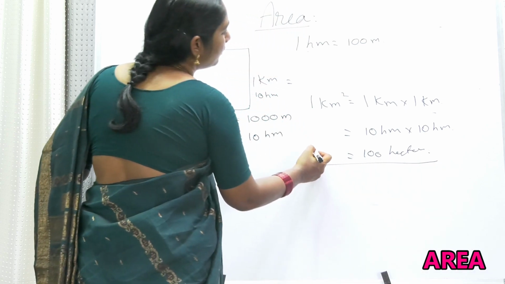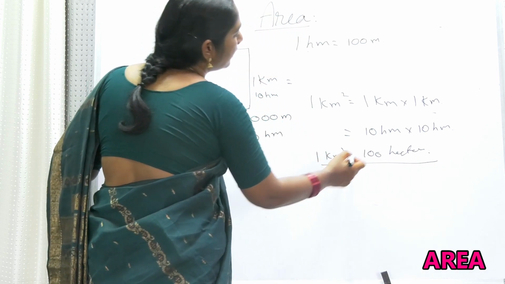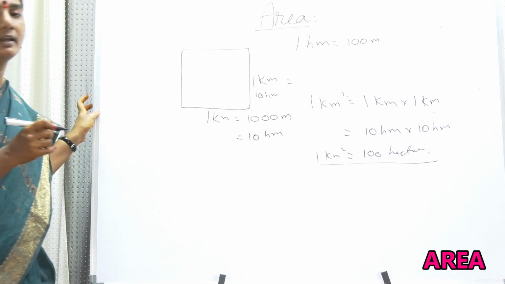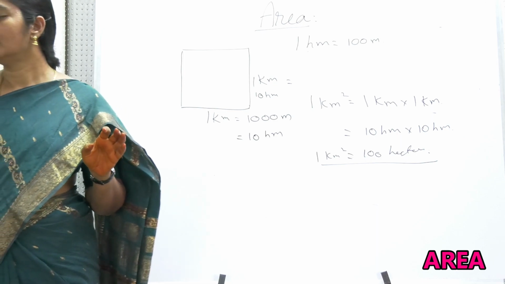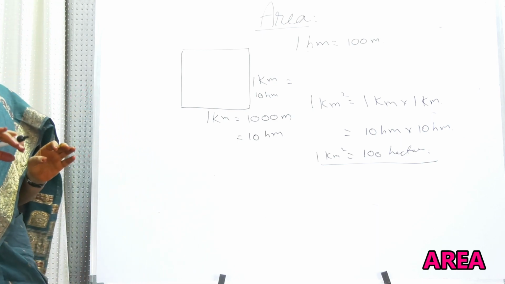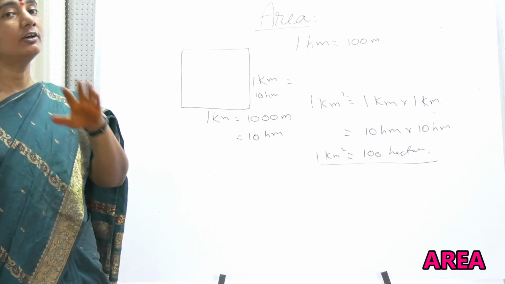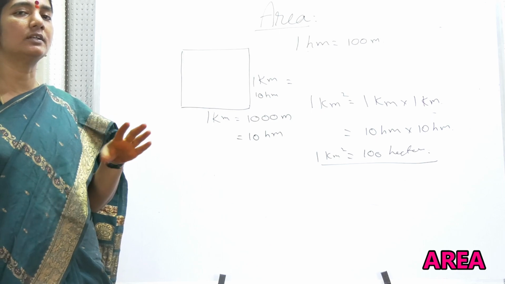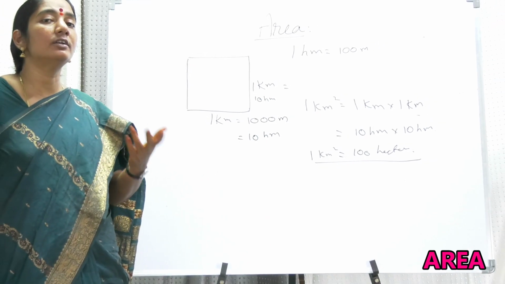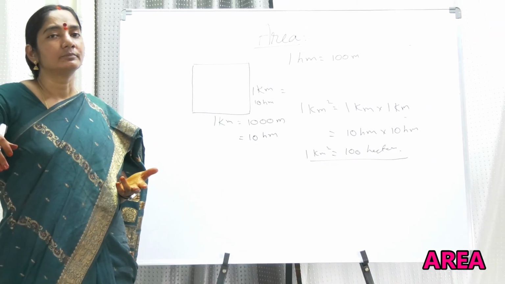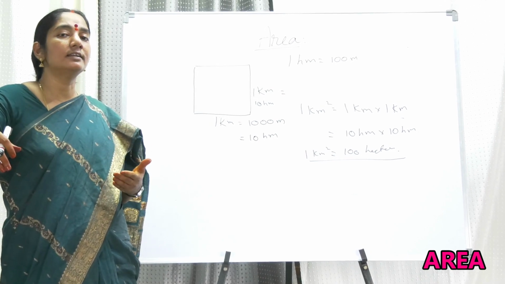So in 1 square kilometer, 100 hectares of land is there. Now I request all of you to find out, if you are living in some district, what is the area of your district in square kilometers?